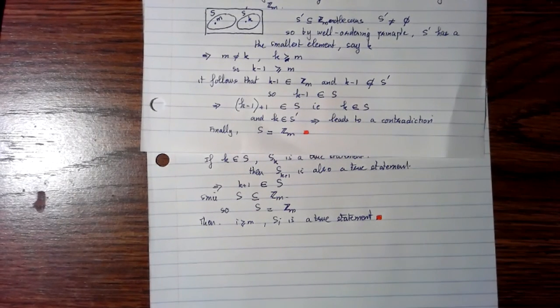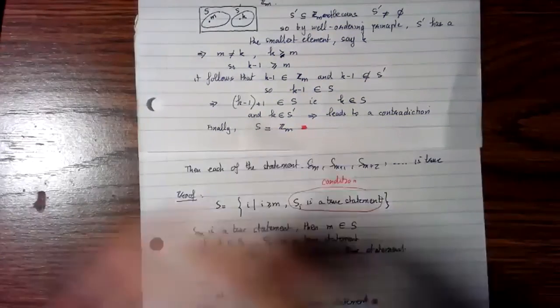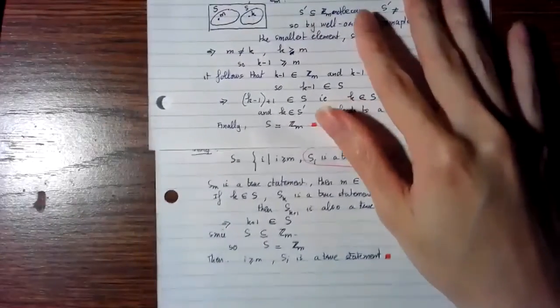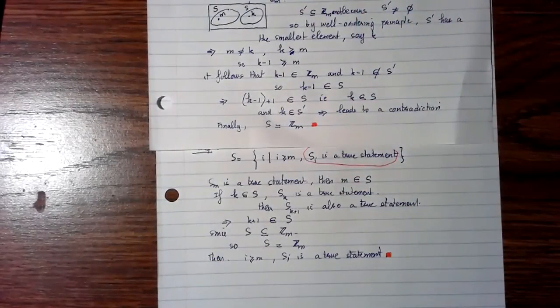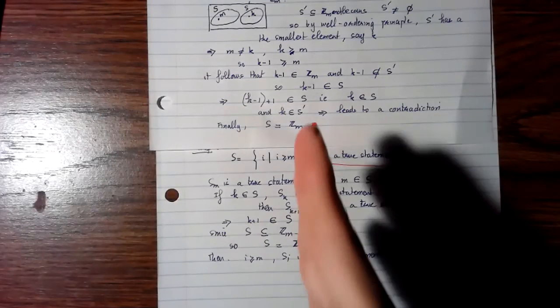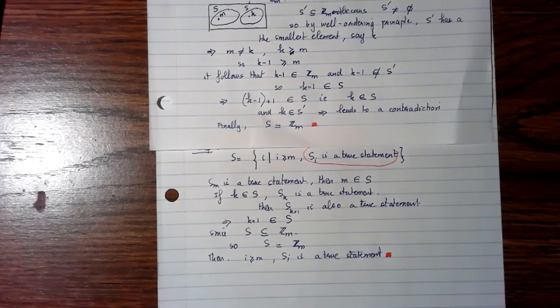All right. In the second video, I'm going to stop over here. But in the second video, I'm going to prove the well ordering principle by the first principle of mathematical induction, because I already told you that they're all equivalent to each other.